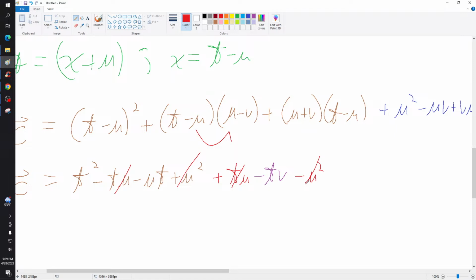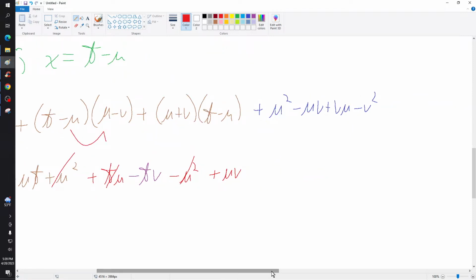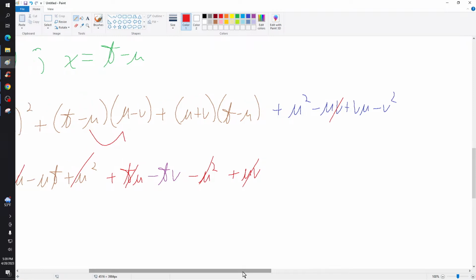And then plus UV. That's going to cancel with up here. I'm not going to bring it down because it's going to cancel. Then we get, the next statement here, plus UT. Well, that just canceled with here.